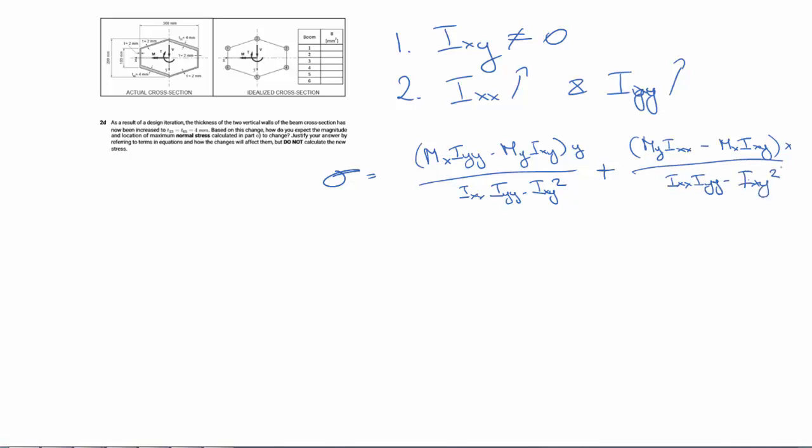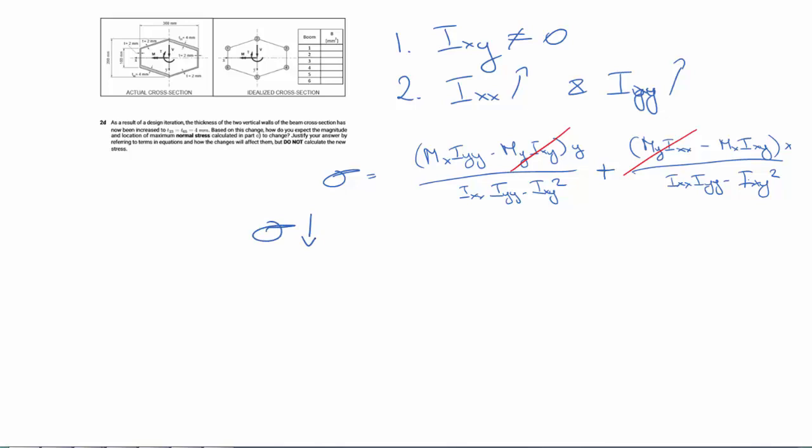Now, we know that there's still no My acting on the cross-section, so we can remove these terms from the equation. Then if we look at the entire equation, we can see that the denominator will increase because IXX and IYY will both increase, and this will not be counteracted by the IXY because the IXY is rather small. So sigma will decrease.